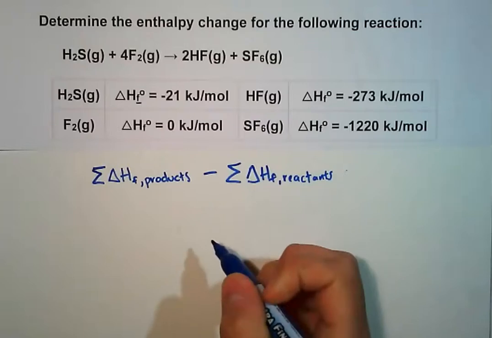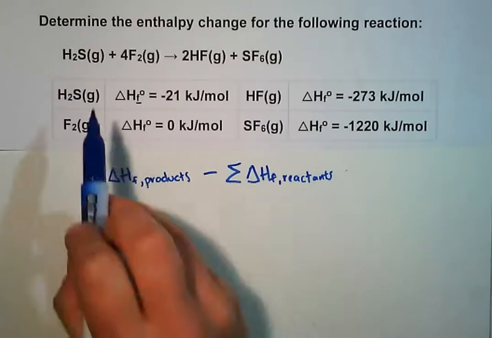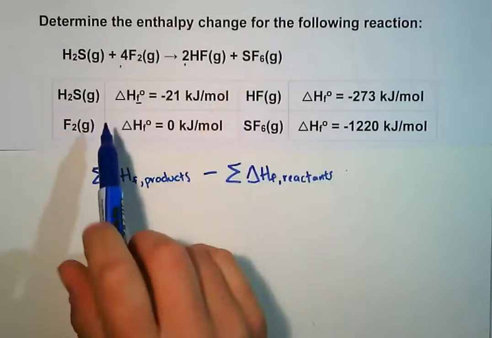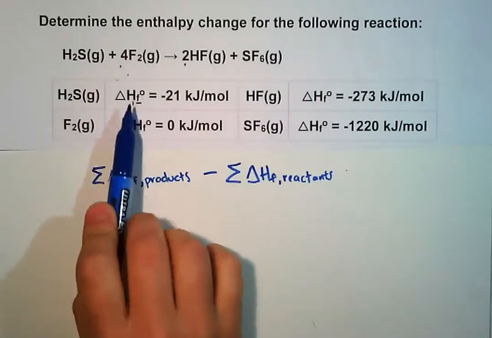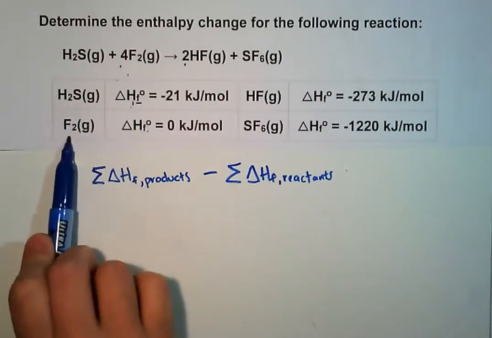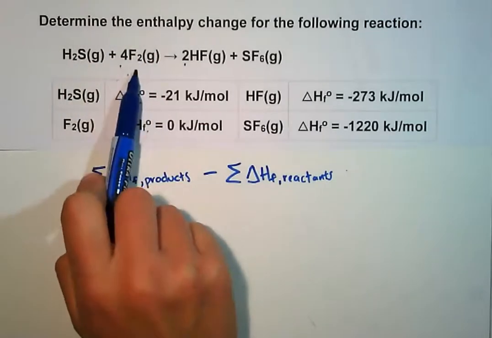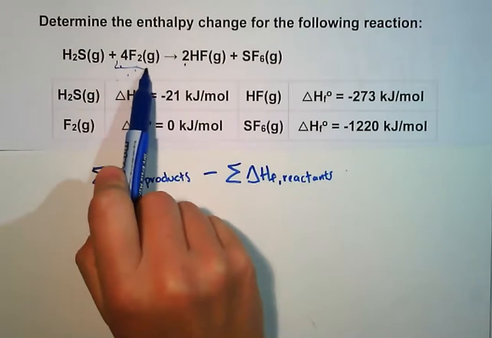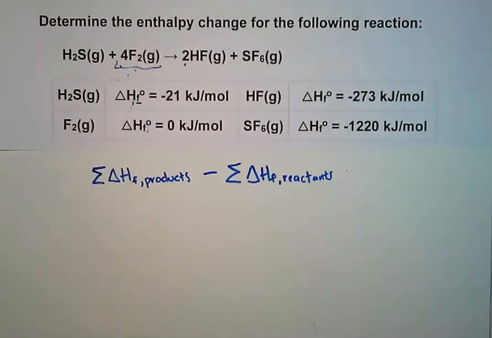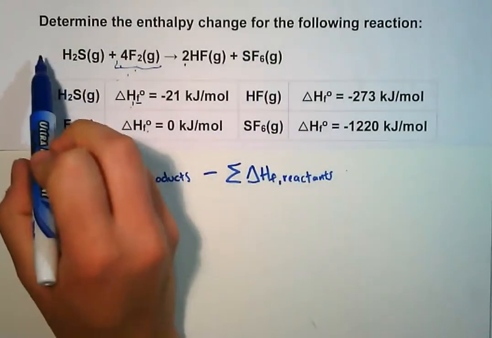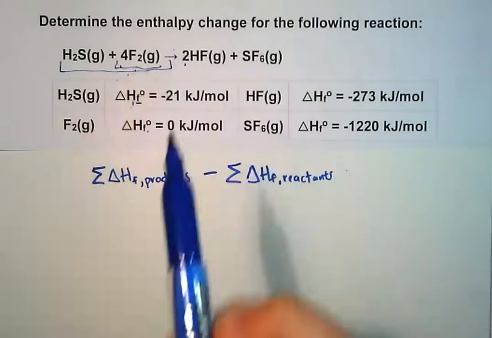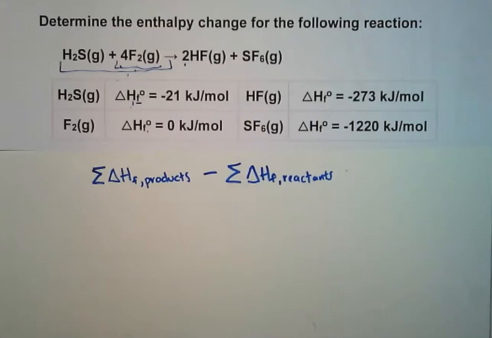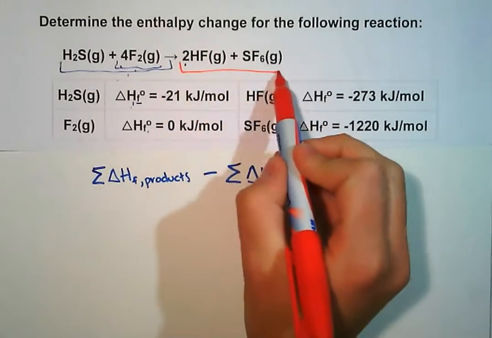So that's what we have to do here, and we also have to look at the coefficients in our equation, because this is the enthalpy of formation of 1 mole of each of the substances, but for some of our substances we're not going to have 1 mole, we have more than 1 mole. For instance, for F2 we have 4 moles of that substance, so we have to pay attention to that as well. So let's go ahead and we'll do our reactants in blue, and we'll do our products in red.